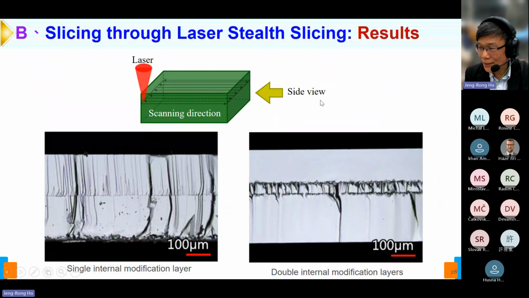First we observe from this side. In this case, we show there are modification layers. This we call a single internal modification layer, and sometimes we can achieve double modification layers just by one cycle of laser inscription.